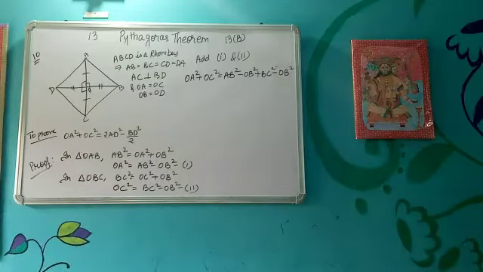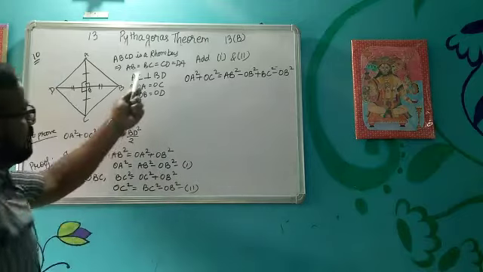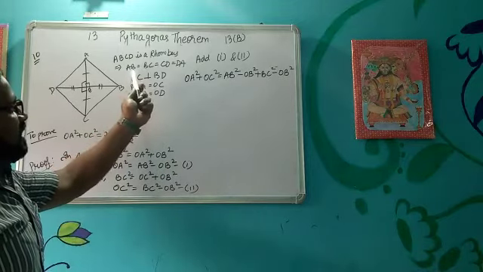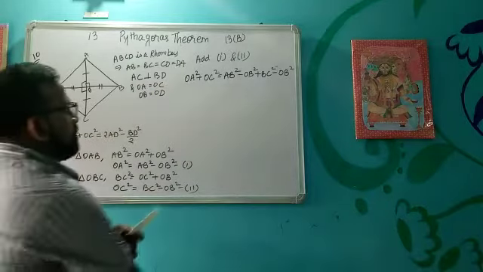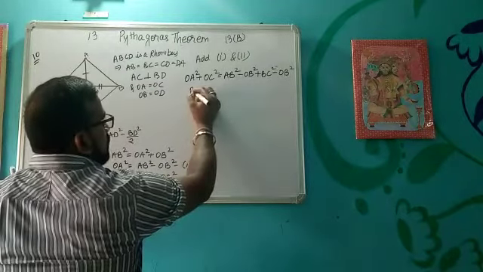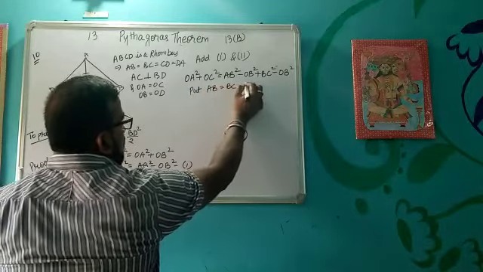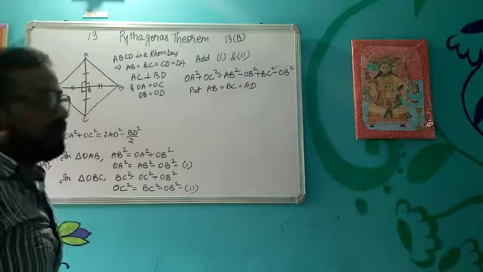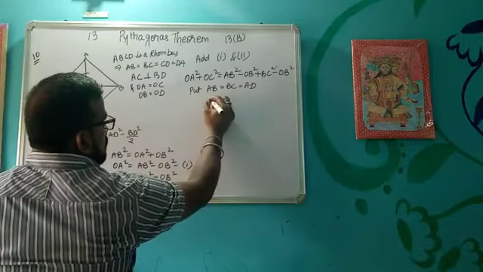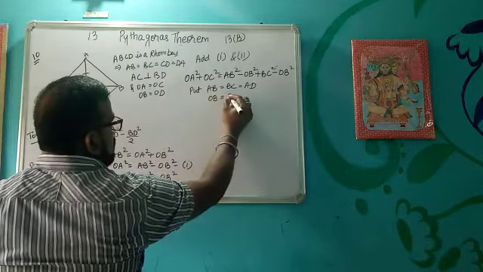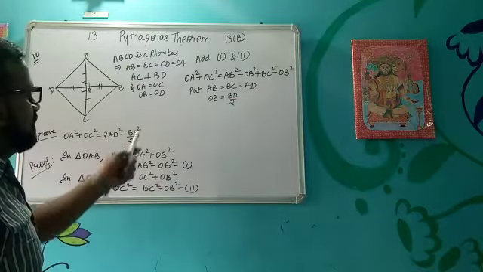Okay. Now in our proof, what we need? AD and BD. So we will use this property first, that is AB equal to AD. So I will substitute, put AB equal to BC equal to AD, since all the sides are equal to each other, and since OB is equal to OD, OB will be equal to how much? BD by 2, half of this.